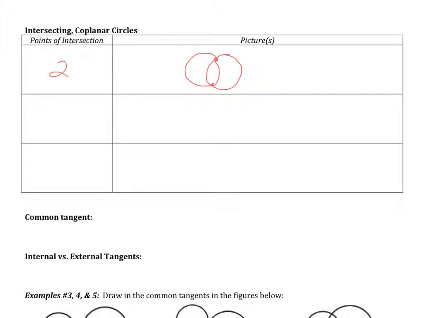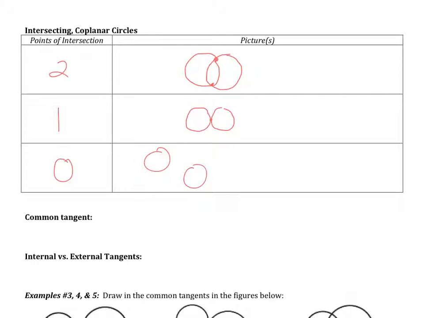All right, so how would it be possible then for them to only intersect once? Just the tips are touching? So it'd be kind of like drawing the figure eight or the infinity symbol. They're just touching. So they have one point of intersection. And then none. Well, no points of intersection is obvious.